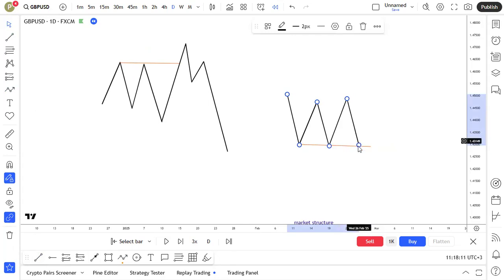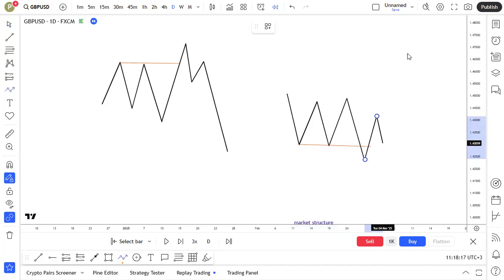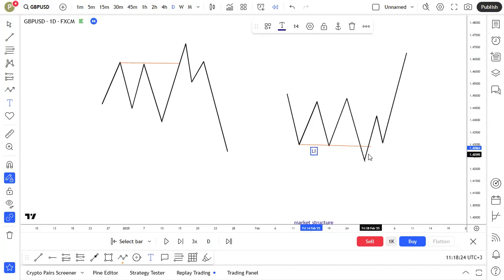But what happens is that price will just sweep it, and after sweeping that, that's where you're going to see the true move. Which means this area was a liquidity area. We had a liquidity sweep at that point, so this was not a good point for you to take any entry.